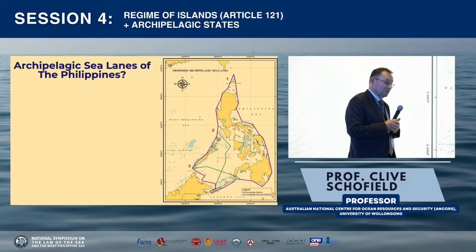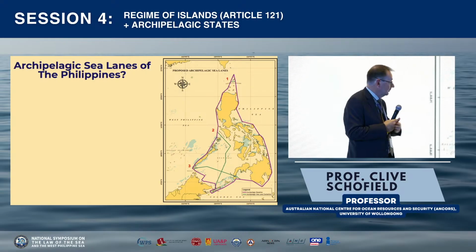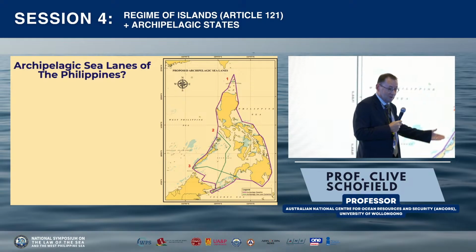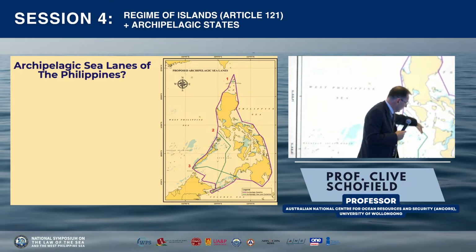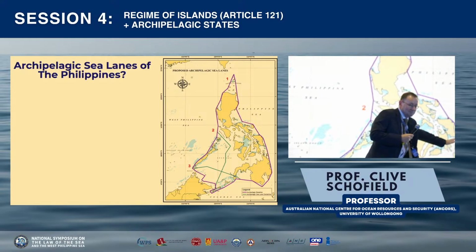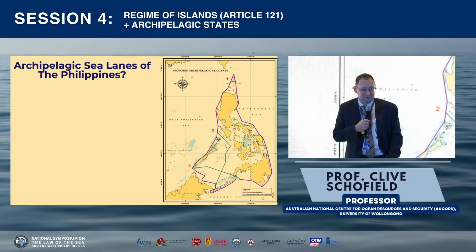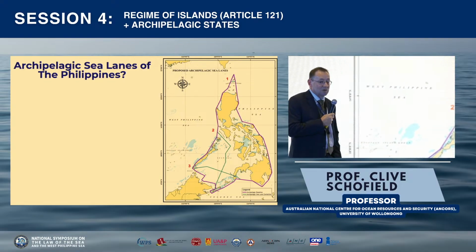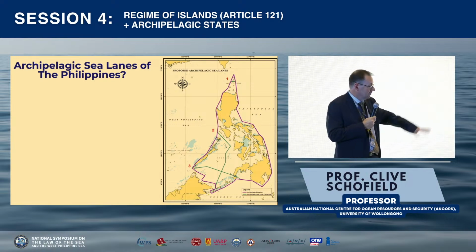I would suspect that when the Philippines goes to the International Maritime Organization for approval of its ASLs, and if these were the 3 ASLs, the international community, you're going to find maritime states saying, hang on a minute, we have a huge amount of shipping going down here and through here. And you will, I fear, face some pushback. Now the question is, are you happy with doing a partial designation of ASLs like this?